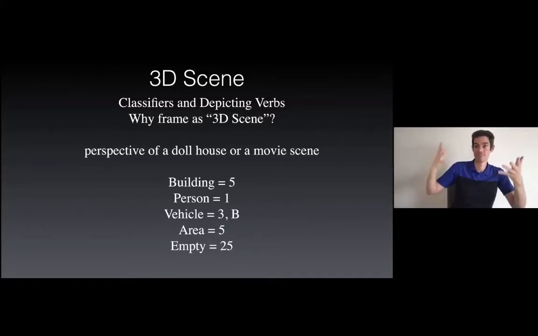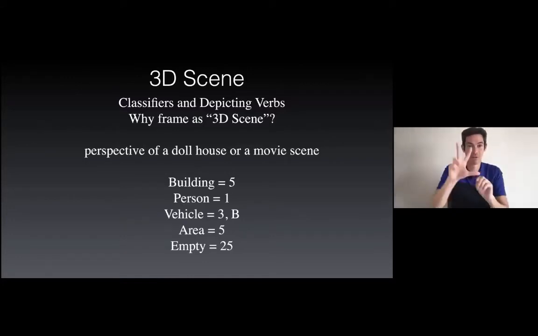So if you're talking about a building, it's huge, but if you're putting it in a 3D scene, it's like this. A person becomes something like this. A car is this or something like this. So the space, maybe you have a field or some kind of other space, an area, just in general, you can talk about it like this.